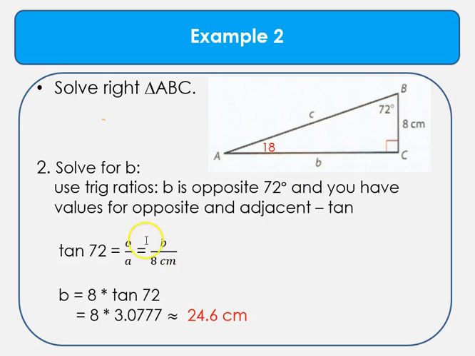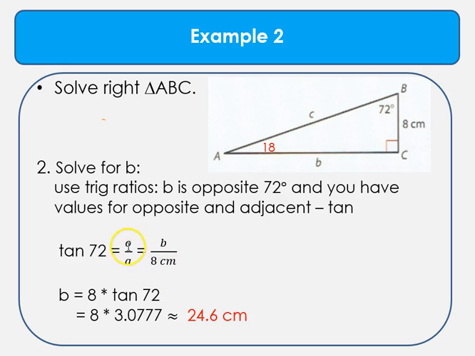So we can use opposite over adjacent as a ratio, and opposite over adjacent, think of SOHCAHTOA, is tan. Tan is opposite over adjacent. So let's solve for tan 72 degrees, which is opposite over adjacent. The opposite is B, which is what we're eventually solving for, and the adjacent is 8 centimeters.